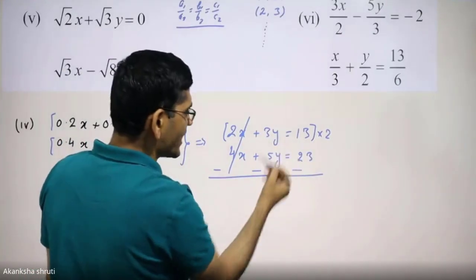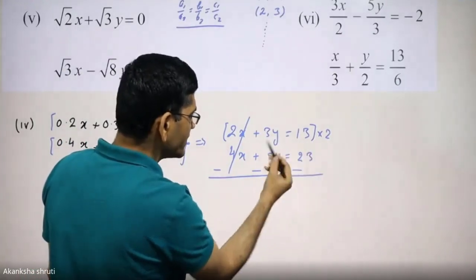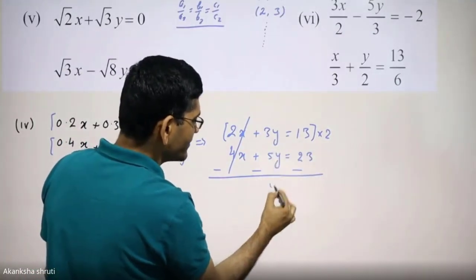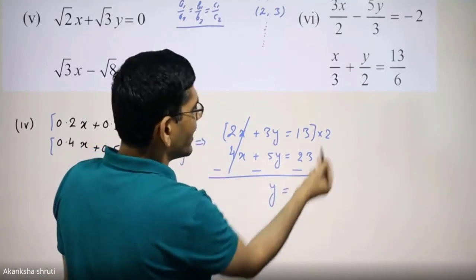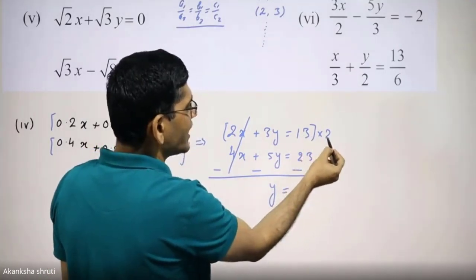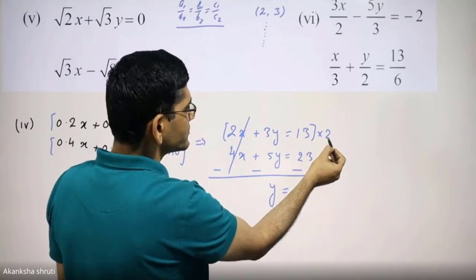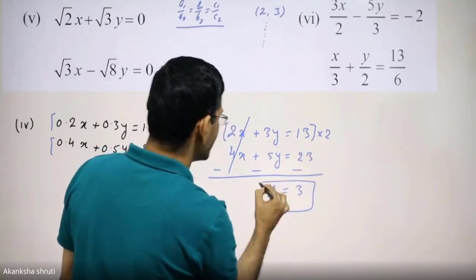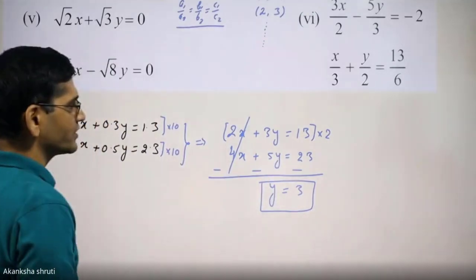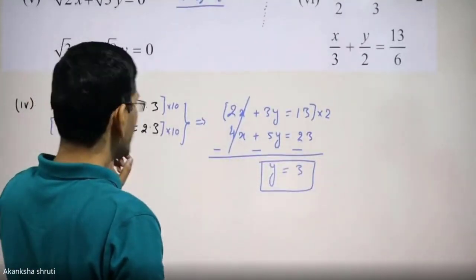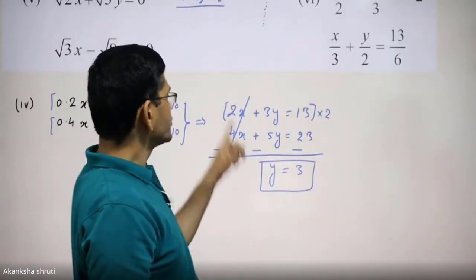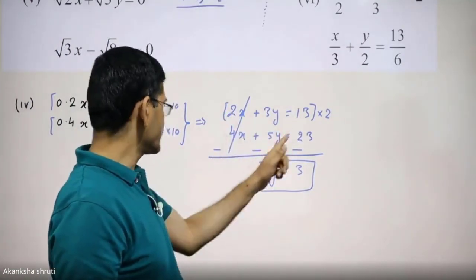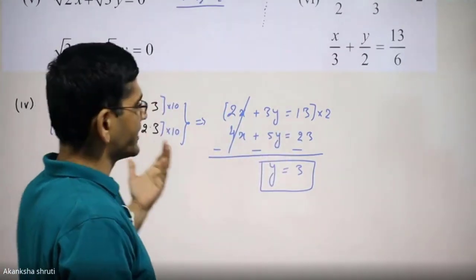Then 2 3s are 6y minus of 5y is simply y. And 13 2s are 26 minus of 23 is our 3. So just in one line we are getting y as 3. Okay, student? For calculating the x now, you may use either this equation or this equation, or even 0.1 you will get the same thing.